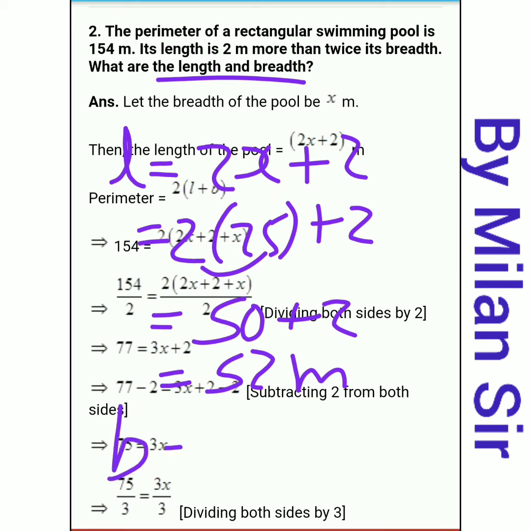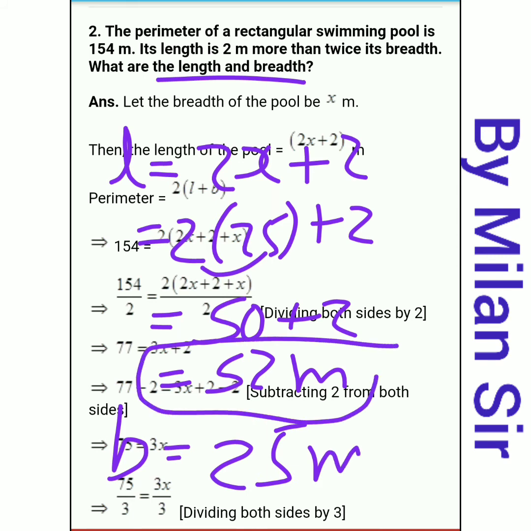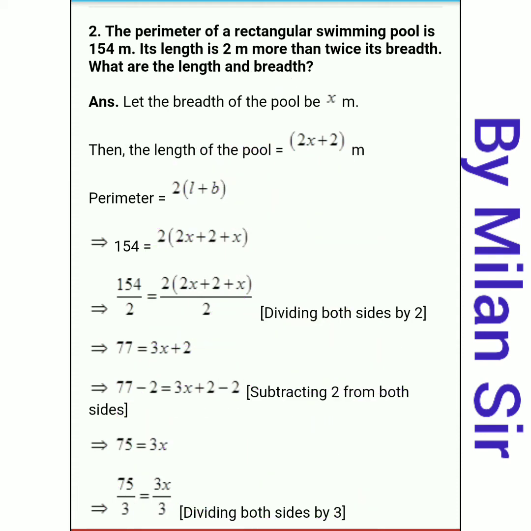Then breadth is equal to x, x is equal to 25, so breadth is equal to 25 meter. So length is equal to 52 meter, breadth is equal to 25 meter. This is our answer, and we need to write the unit too. 52 meter length and breadth 25 meter.